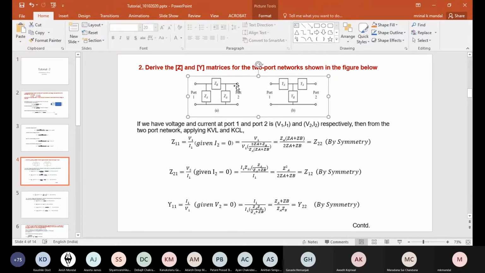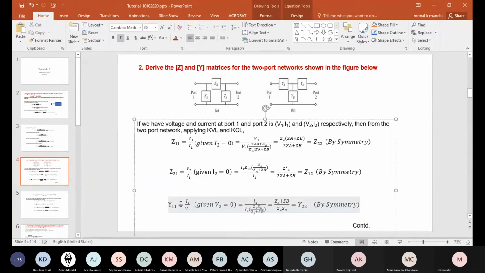So if I short this point, and then I express V1 in terms of I1, it basically becomes the ZA and Z2 parallel combination. This end is shorted, right? So it is coming ZA plus Z3 by ZA into Z. That is equal to Y2.